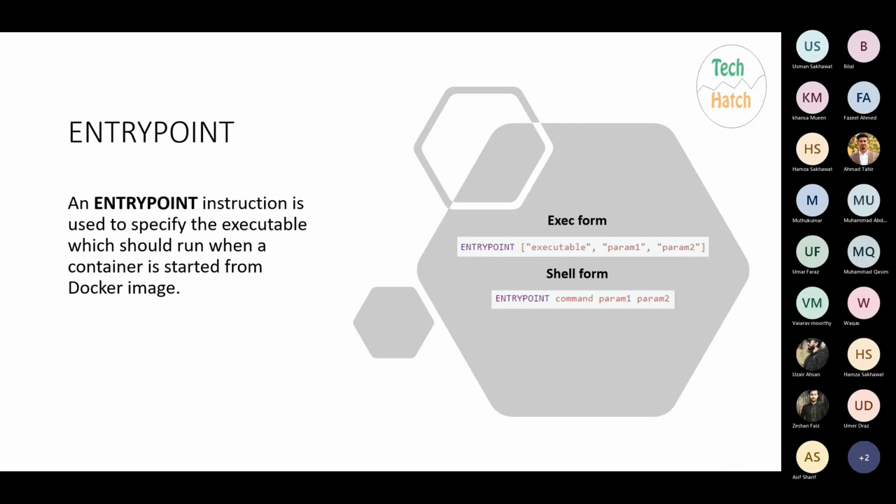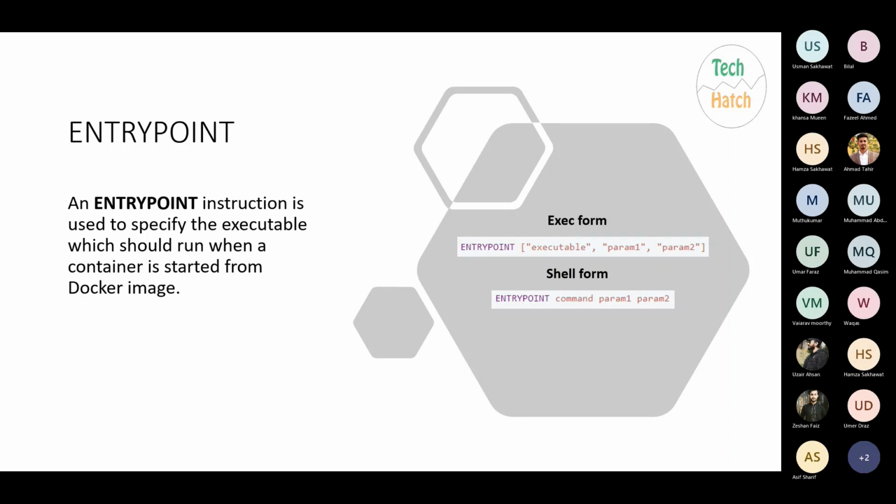It basically works like a CMD instruction where you mention an executable along with some parameters. But the difference between the CMD instruction and the entry point instruction is that with entry point, you can add a CMD instruction in parallel.